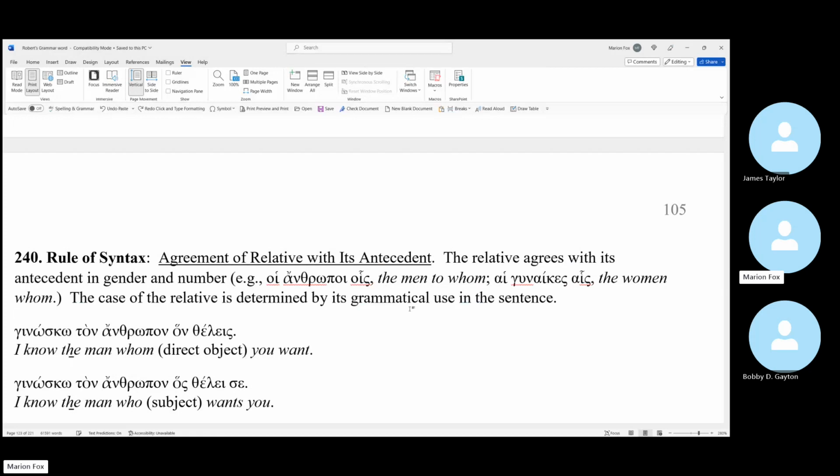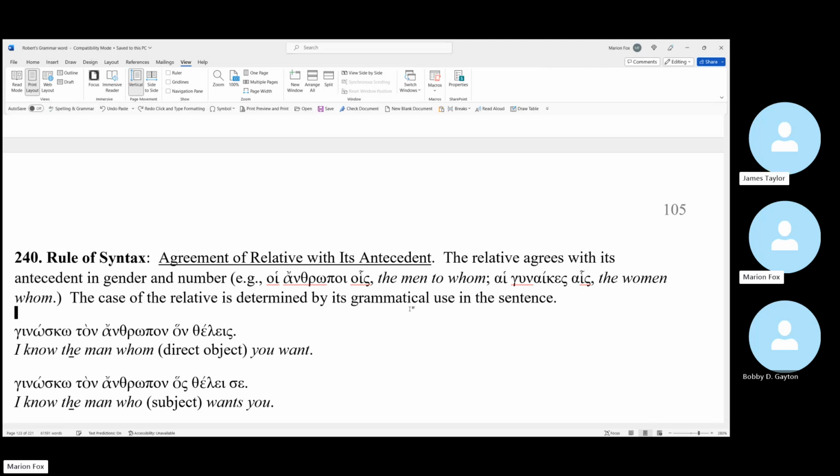It may agree in case, but its case is determined by how it's used in the sentence. Does that make sense? Any question? That's one thing. It's a little different. You've got to watch it. You'll want it to agree in case. It won't always agree in case, but it will agree in gender and number.